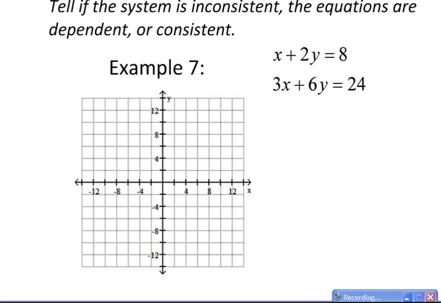Tell if the system is inconsistent, the equations are dependent or consistent.